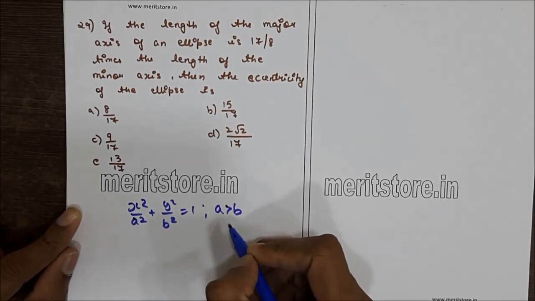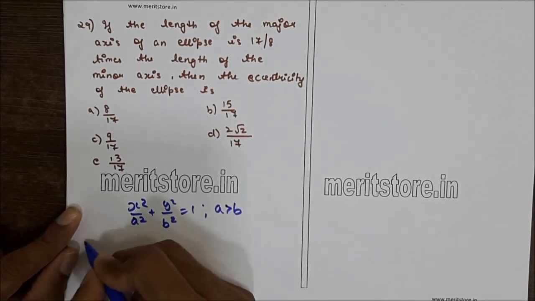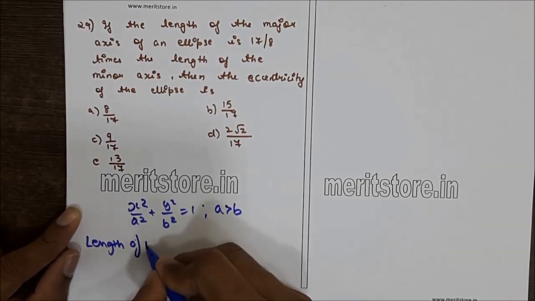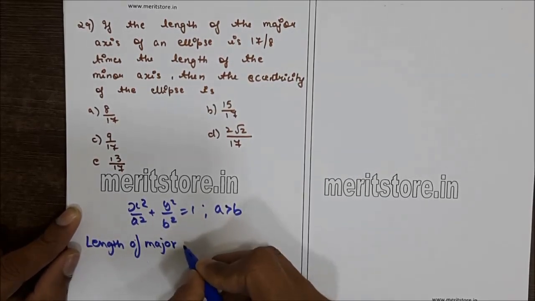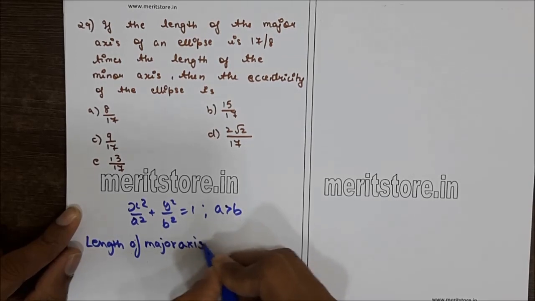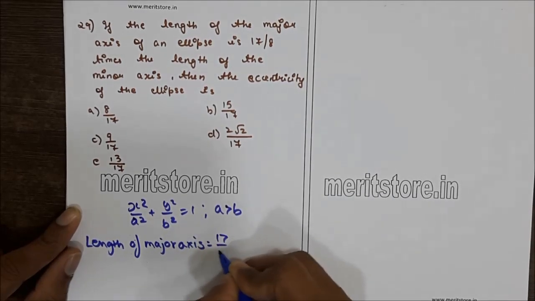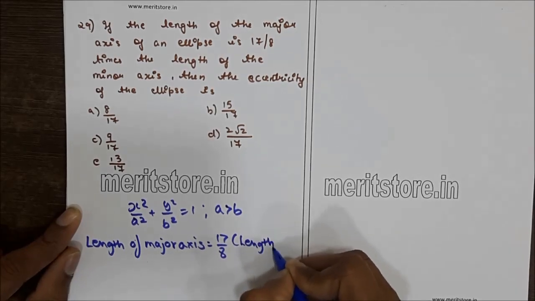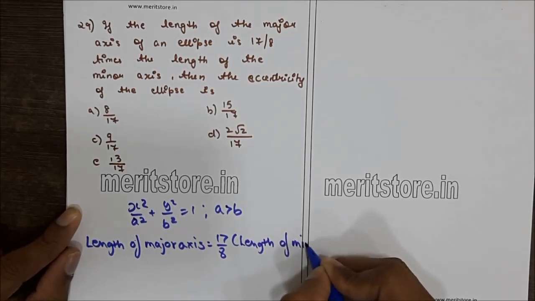According to the question, length of major axis is equal to 17 by 8 into length of minor axis.